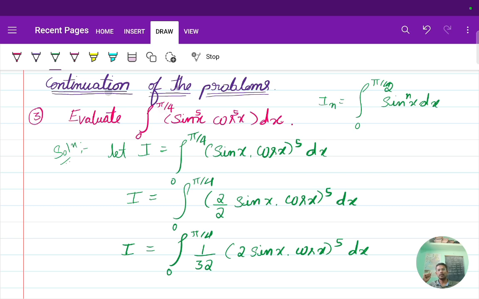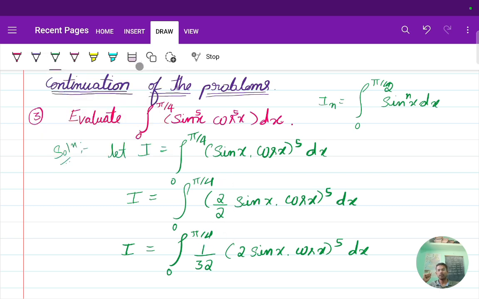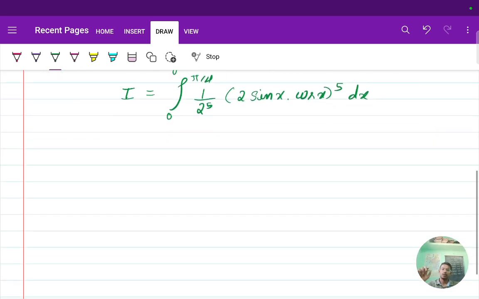If you did not understand, you can write 2 power 5 only. I is equals to, now I can take 1 by, what is 2 power 5?